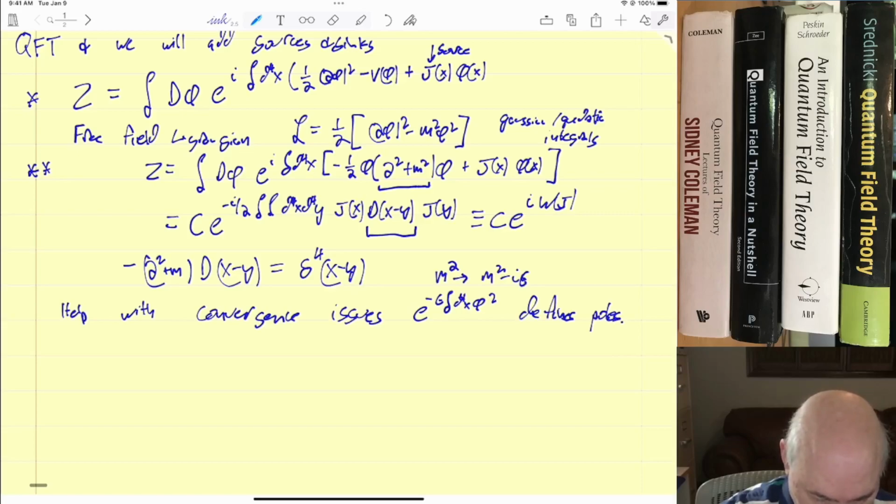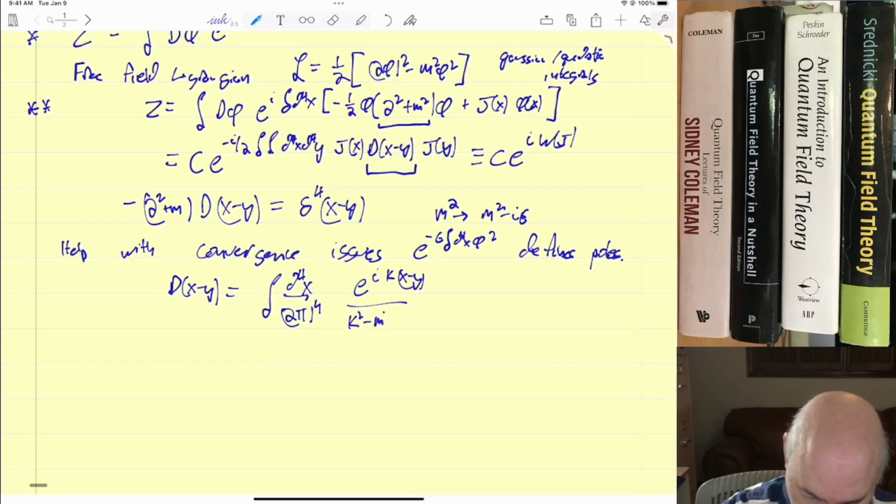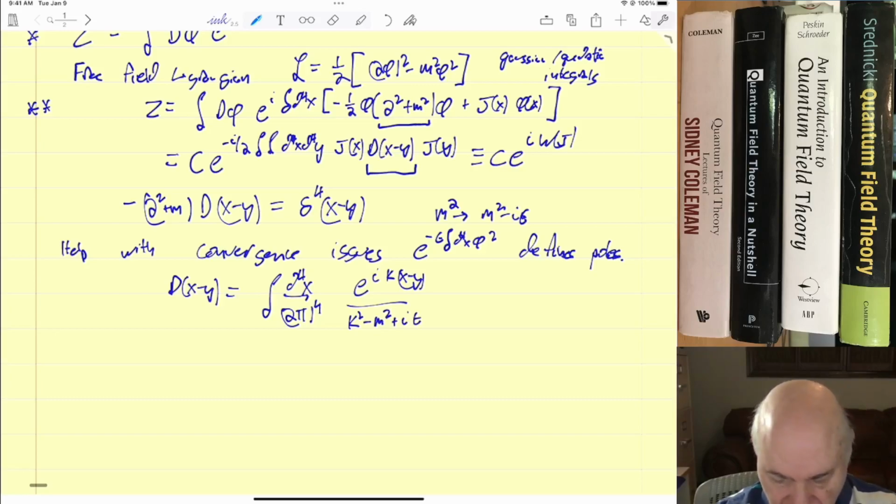So using this, we're going to get D(x minus y) is equal to the integral of d4k over 2 pi to the 4th e to the ik(x minus y) over k squared minus m squared plus i epsilon. And if you've done canonical quantization, you've seen this before.